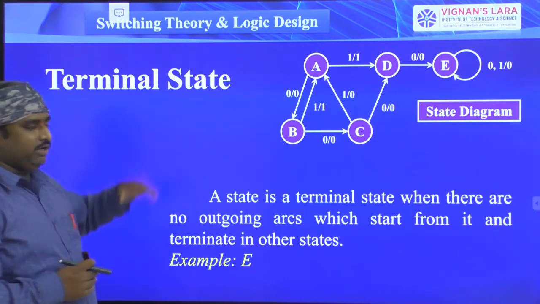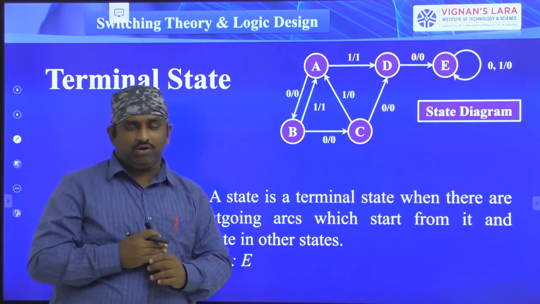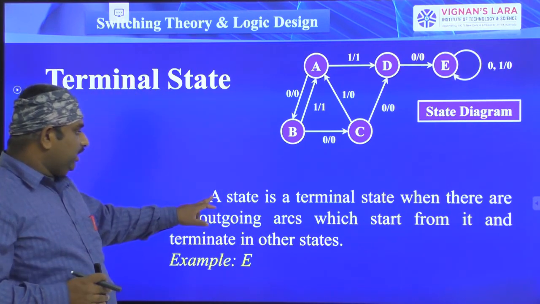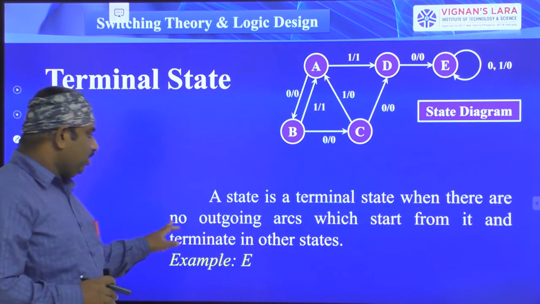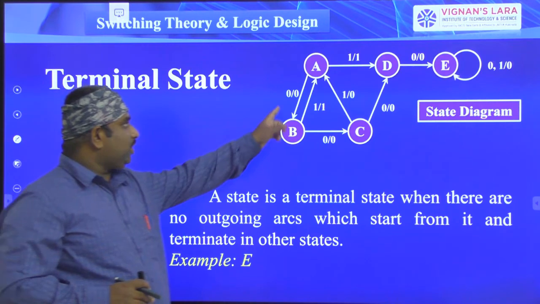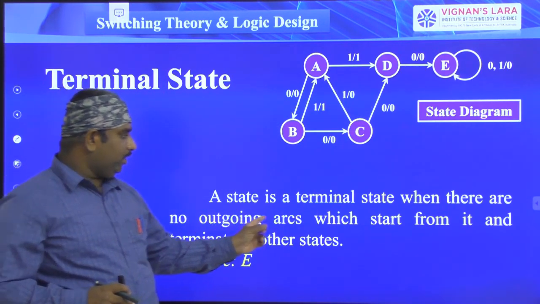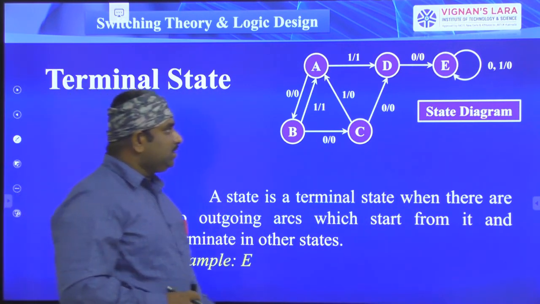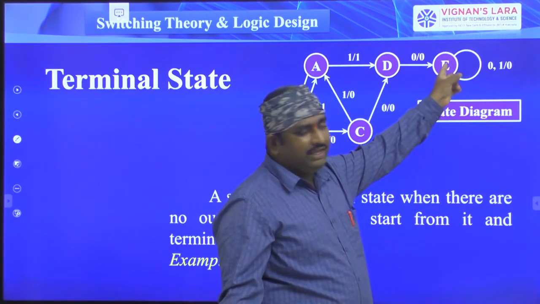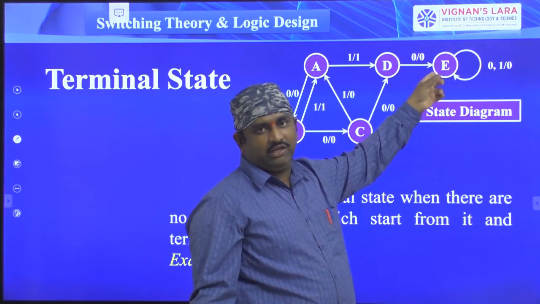Next, coming to one more definition: terminal state. Terminal is the last state, the terminated state. A state is a terminal state when there are no outgoing arcs. These are the arcs, right? So if there are no outgoing arcs which start from it and terminate in other states. See here the E state, it starts here and ends here only.